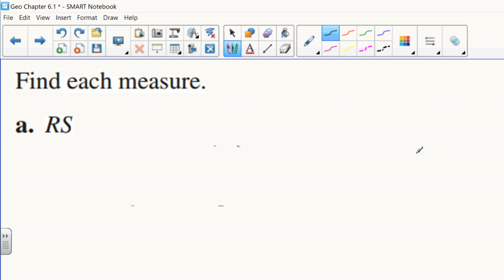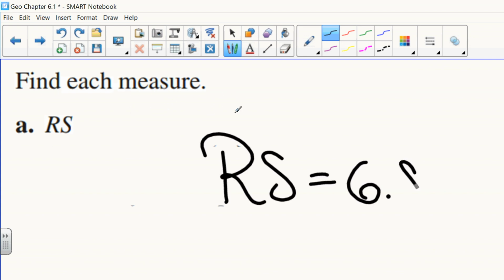So SP is 6.8. So what's SR going to be? So the measure of RS is 6.8. Questions on this here?